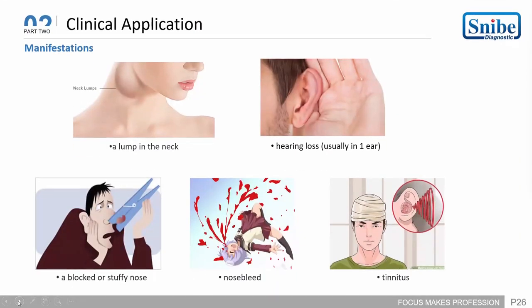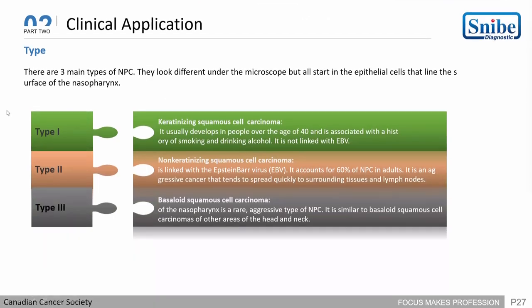If we go to the clinical findings or manifestations, a lump in the neck could lead to this disease. Hearing loss, usually in one ear, a blocked or stuffy nose, a nosebleed, or tinnitus. These are the manifestations or clinical findings for this disease, and there are three main types of NPC: type 1, type 2, and type 3.